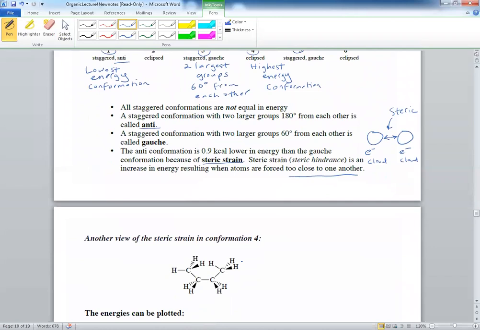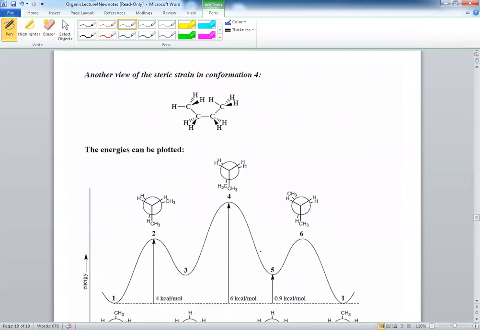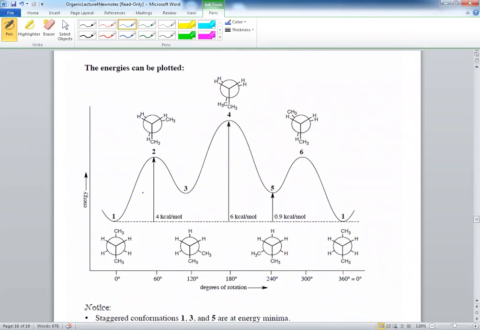So there's another view where we actually now look at it where it's plotted this way. So if you look back and see what happens, the one with the lowest energy is, again, your anti right here. Two methyl groups are anti. Look at how low the energy is.